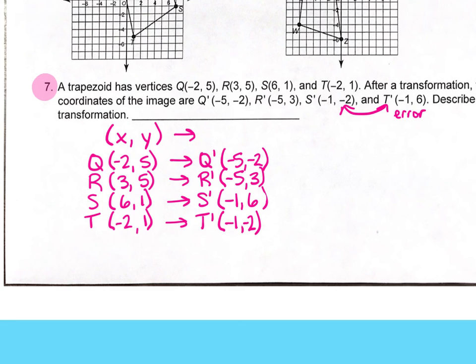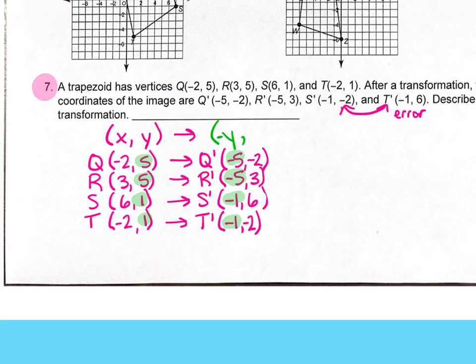X, Y, we want to see what changed going to the image. So let's first look at what happened to get these values for X. We notice that it appears that the original Y became X and it changed signs. So we've got that it was the original Y and it changed its sign.